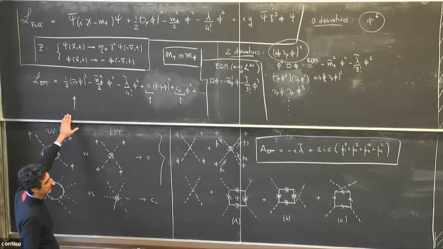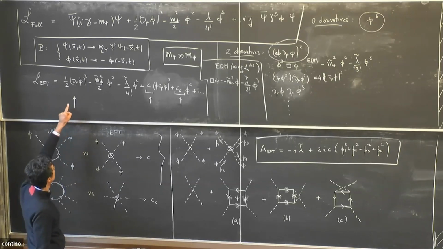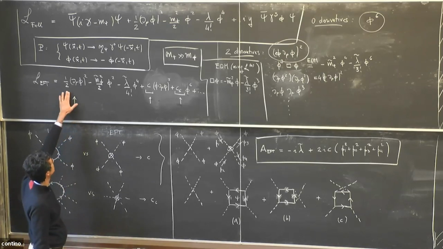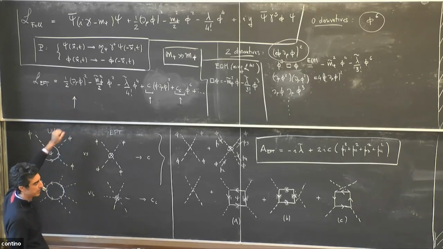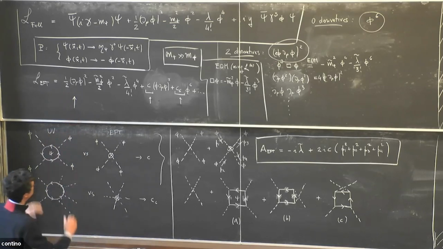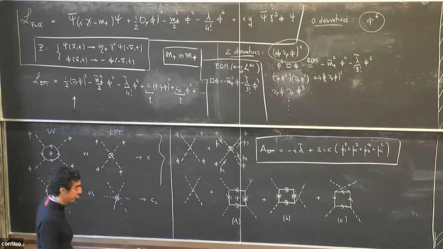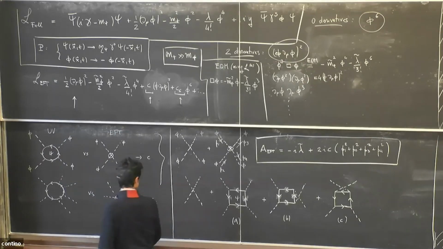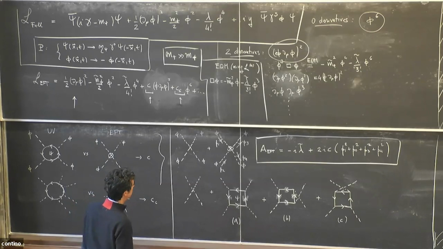Now you're right that in general the matching is most naturally done in a basis in which the kinetic term is not normalized canonically. Here I'm choosing this basis to normalize canonically the field. So in general, you can remove it. Okay, thanks. There is also another thing which comes to my mind, but I will discuss it later.